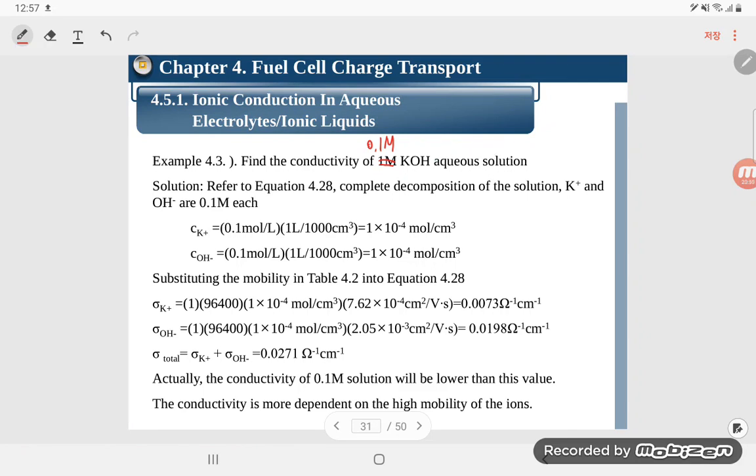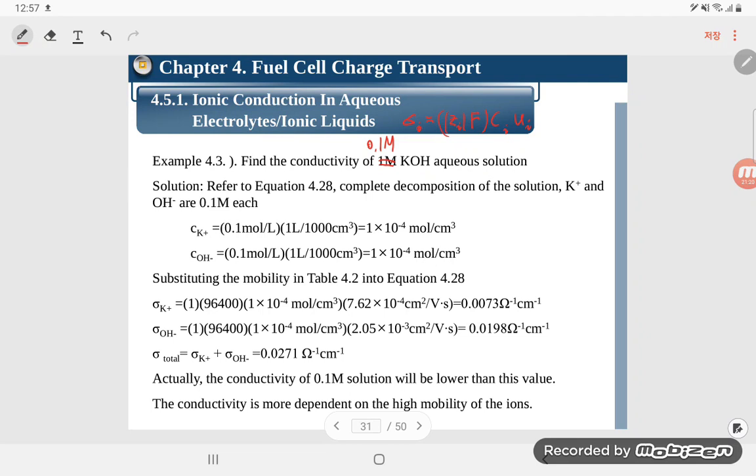Let's solve this one. As we saw in the previous slide, sigma i is defined by the charge number z i, the Faraday constant, the concentration, and the mobility. This is an aqueous solution, so we can use this equation.